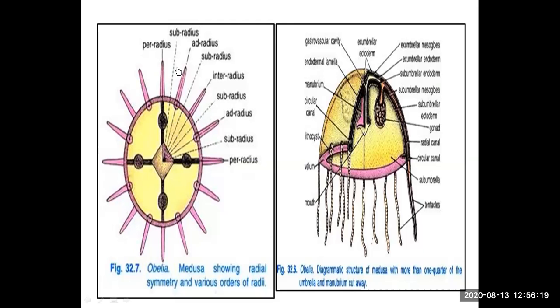So, submerged radial canal, circular canal. So it is a radial canal. It has gonads.